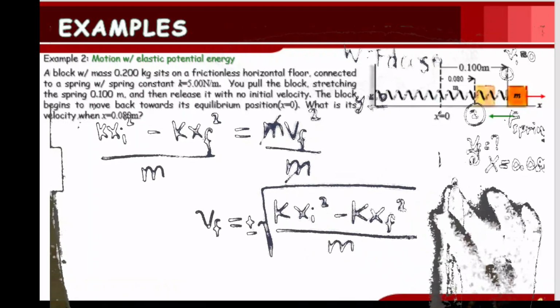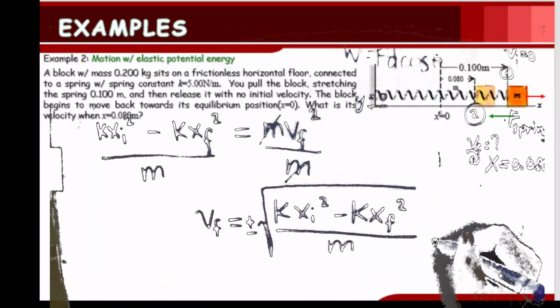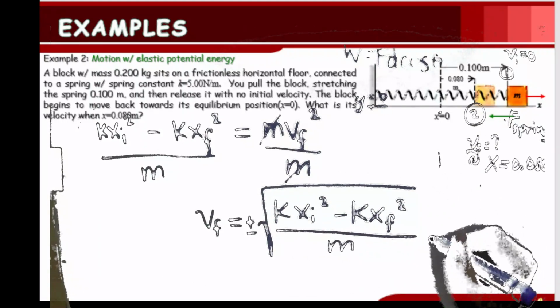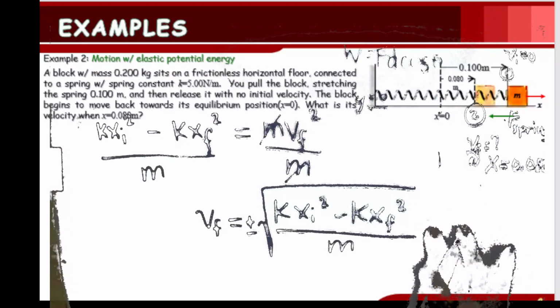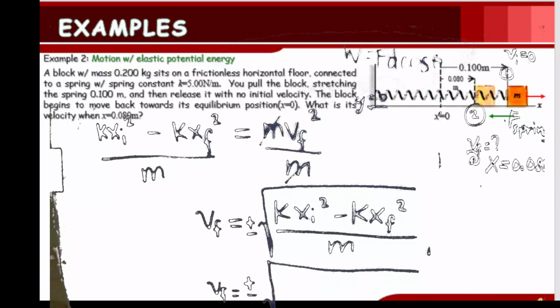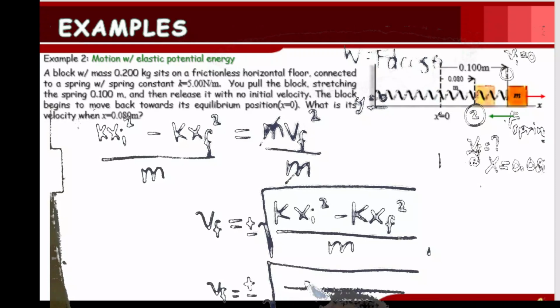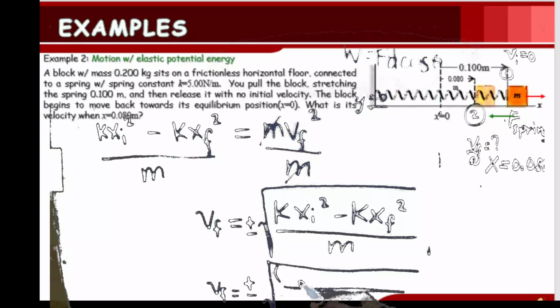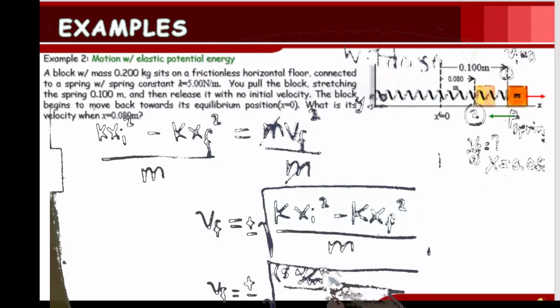Now with this expression, let us substitute the values. So this is plus minus the square root of: what is our k? 5 Newton per meter.